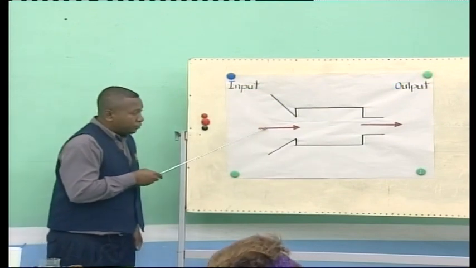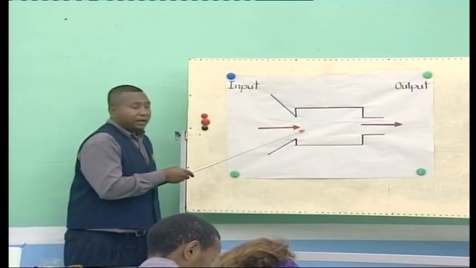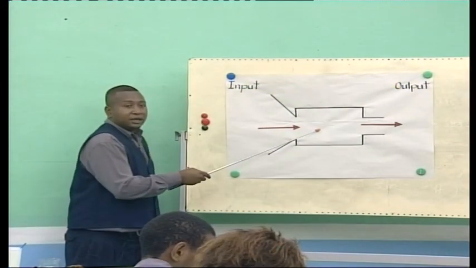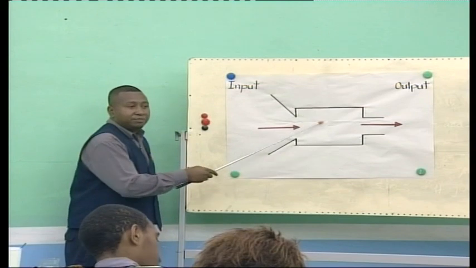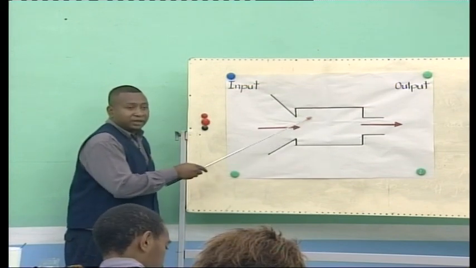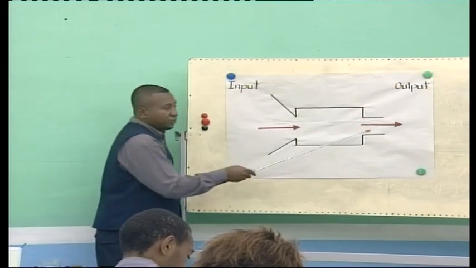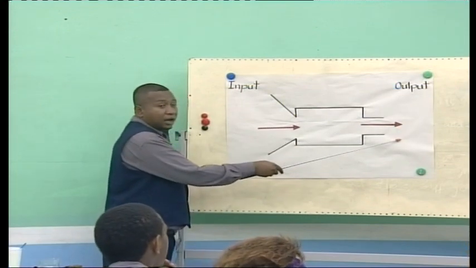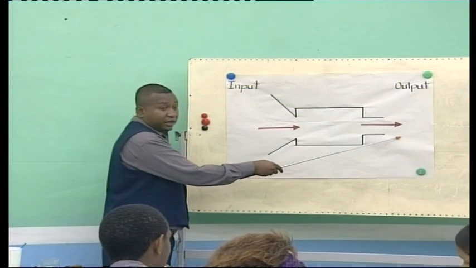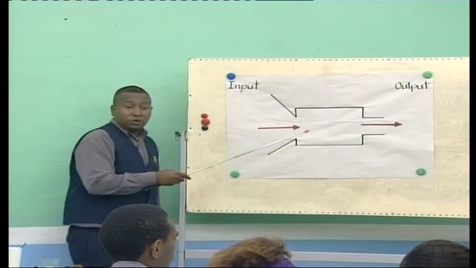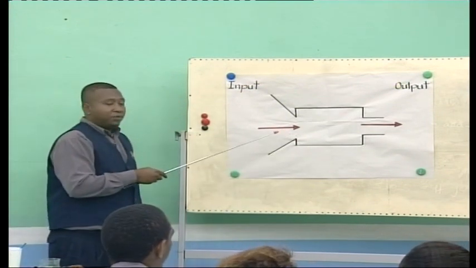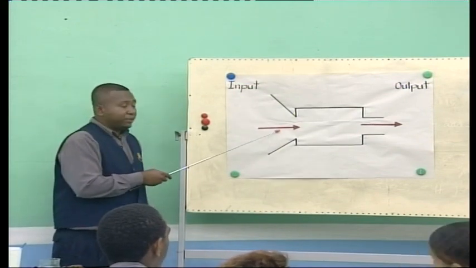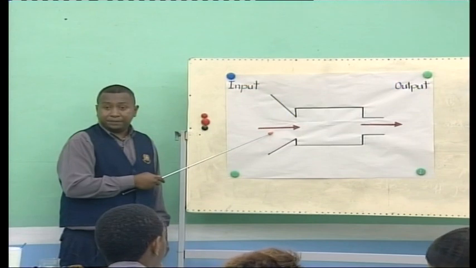They go through this pathway here, and in the middle, this is the place where the numbers mix or the function takes place, and then it comes out on the other side where it is known as the output. Is that clear? Now we are going to go through an example together, and I would like you to pay attention to how this machine works. Is that clear?